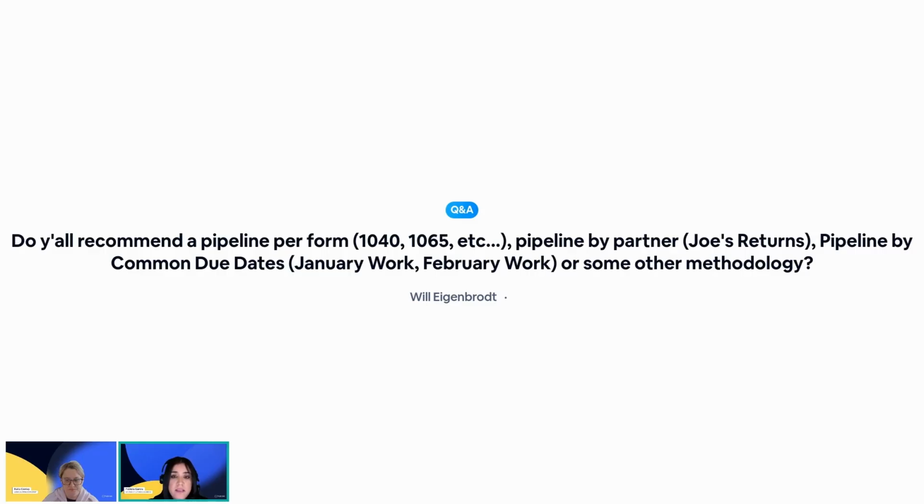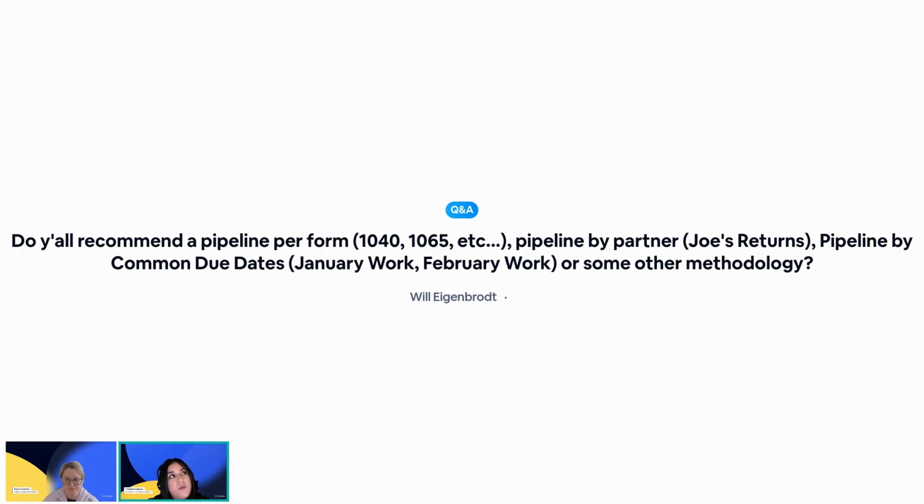So if they hit stage one, you can say, if they have a 1040 tag, send them this engagement letter. If they have a 1065 tag, send them this different engagement letter for businesses. So you can have everything in one pipeline, or you can have separate pipelines.